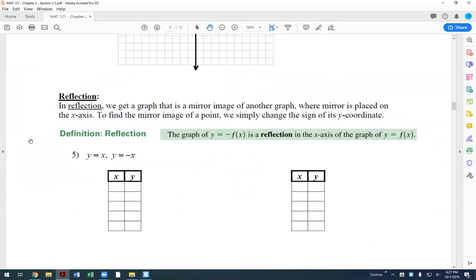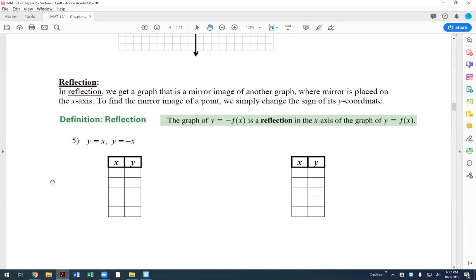Here, you can see the original function is y equals x, and we're putting a negative in front of the x, so that's what's creating the reflection, that negative sign in front of the original function. We get a graph that is a mirror image, and in this case, your mirror would be placed on the x-axis, so it's going to reflect on the x-axis. They're saying we simply change the sign of the y coordinates to get that reflection.